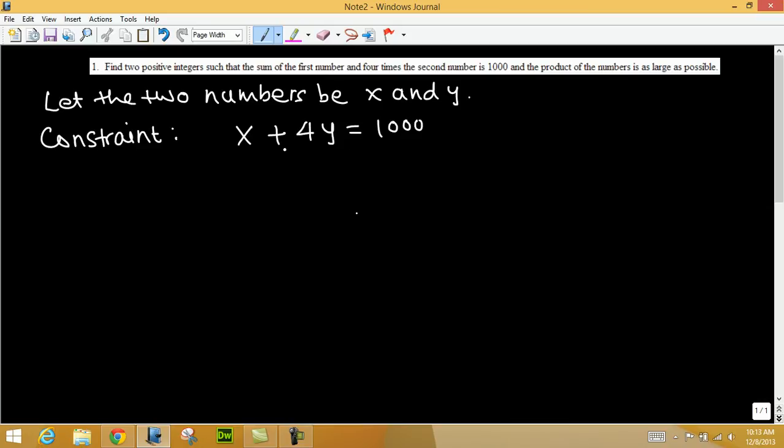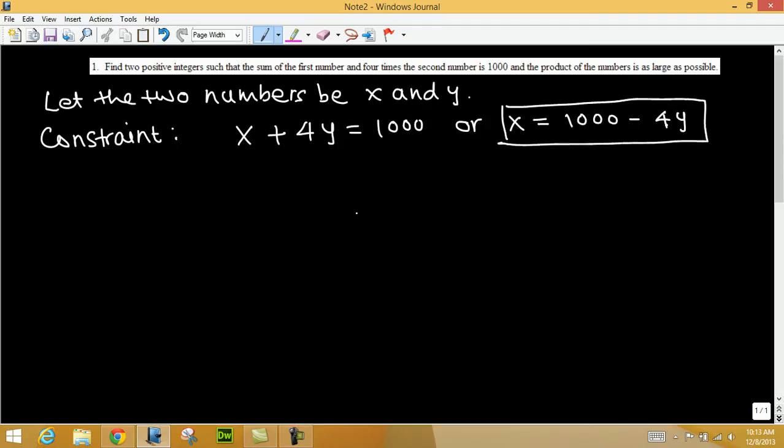Okay, so we can solve for y or x. It looks like solving for x is easier, so x equals 1000 minus 4y. So as soon as we know the value of y, we can find the corresponding x from this relation.